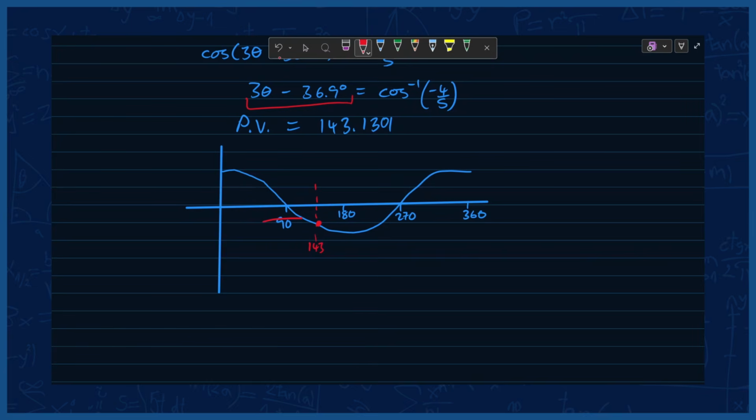If I draw a horizontal line, I can see that I've got another solution at this point here. By symmetry, this here is symmetrical to this here. So this distance is 143, which must mean this distance is also 143. So the value there is just 360 minus 143. Keep in mind that our principal value is in terms of 3θ − 36.9°, because I haven't solved for θ yet.